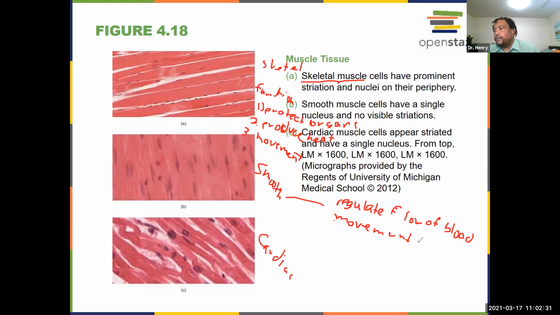So when we think about breathing, right, we don't think about it. So is it voluntary or involuntary? Involuntary. So all of your involuntary movement is smooth muscle, and we should specify that skeletal muscle is for voluntary movement.